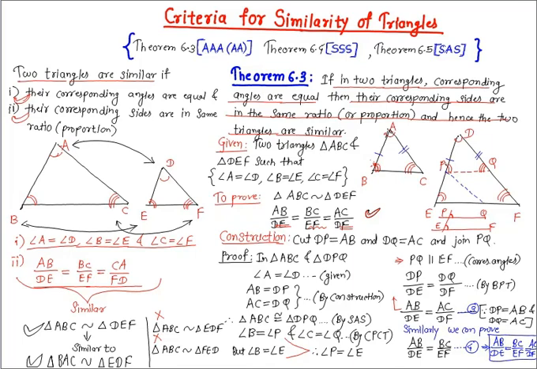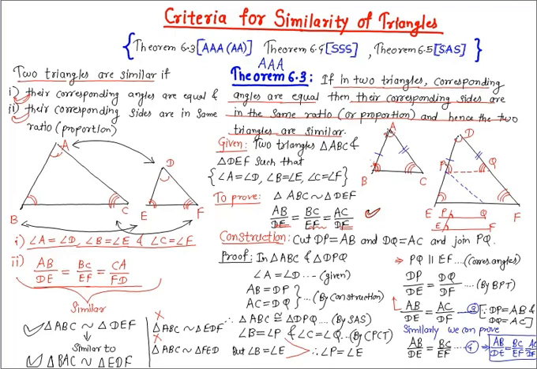Here we proved theorem 6.3. This theorem is also referred to as the angle criteria, that is AAA criteria of similarity of two triangles. And this theorem is also referred to as AA similarity criteria for two triangles, because if two angles of a triangle are respectively equal to two angles of another triangle, then by the angle sum property of a triangle, their third angles will also be equal.